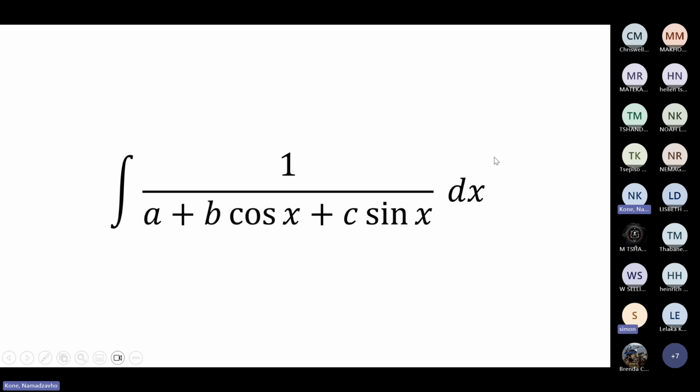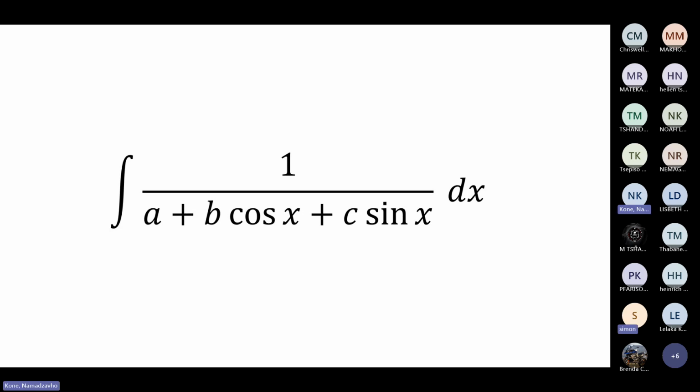When we multiply the 1 over 1 plus t squared in here, it will not remove the square root. So the square roots here will still remain. And if we try and maybe multiply by the LCM of the denominators, we will have something very complicated here that we will not be able to work with.